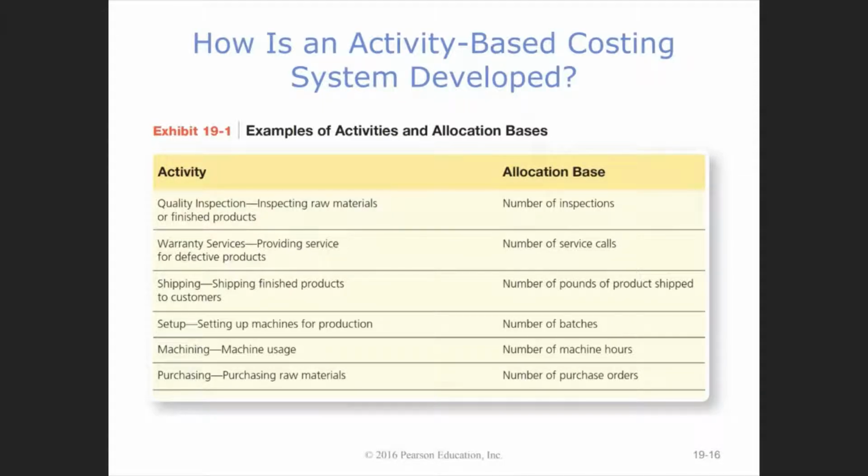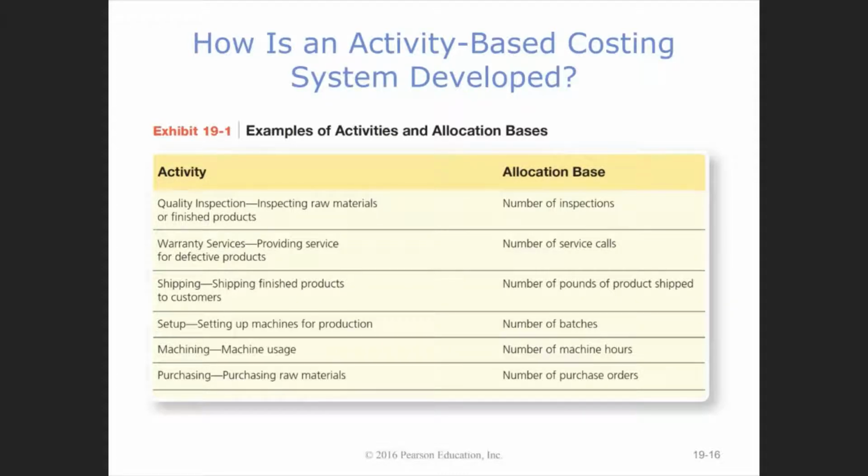For setup, when we're setting up machines for production, the number of batches will be our allocation base. Machining, when we're using machines, is machine usage.